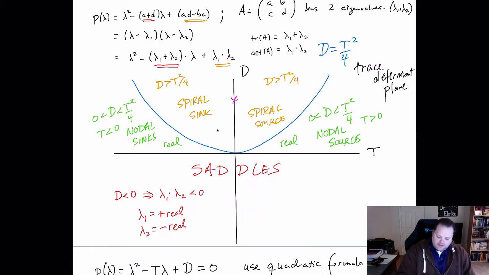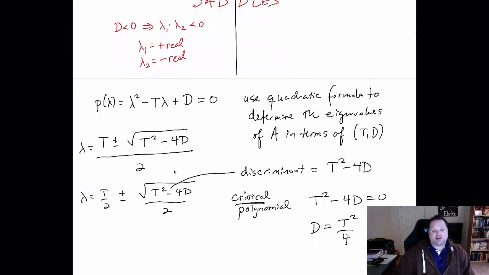What happens if I'm on the axis inside the critical polynomial? If I'm on the axis down here, I'm a saddle. But what happens if I'm at this point right here? Well, if you're anywhere on the positive d axis, then you know that your trace is 0. And if the trace is 0, what do you end up with?